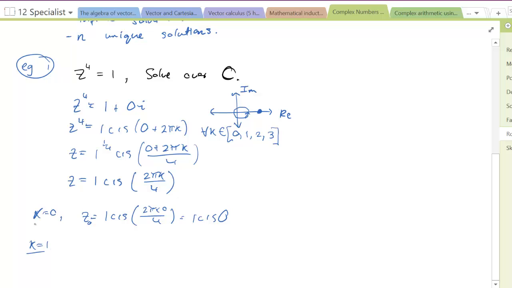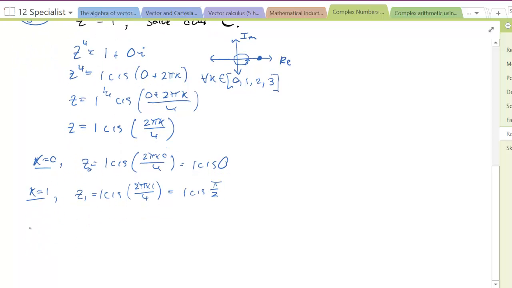When k is equal to 1, we have z1, the second solution, 1 cis 2 pi times 1 on 4, which gives us 1 cis pi on 2. When k is equal to 2, we get z2 is equal to 1 cis 2 pi times 2 on 4, to end up with 1 cis of pi.